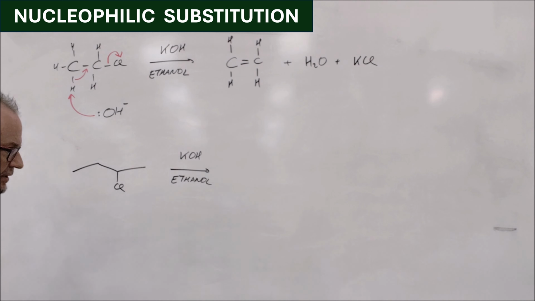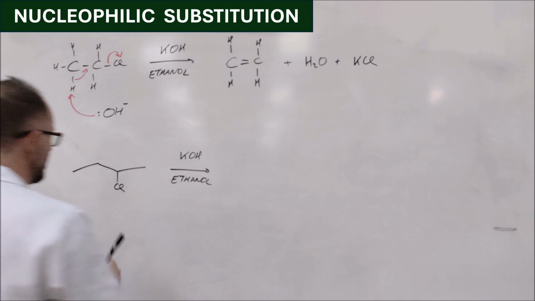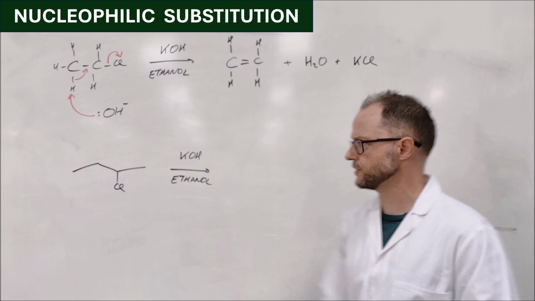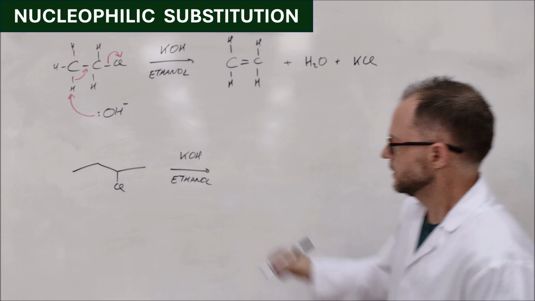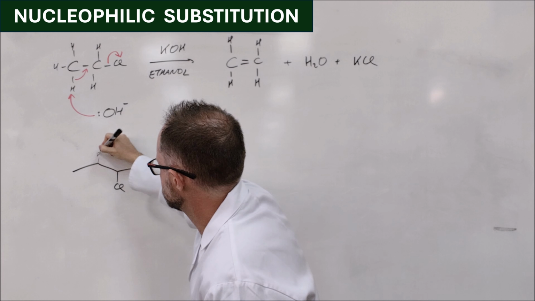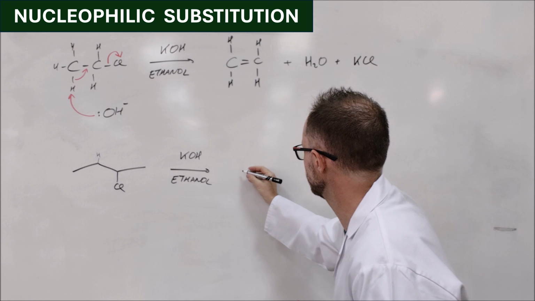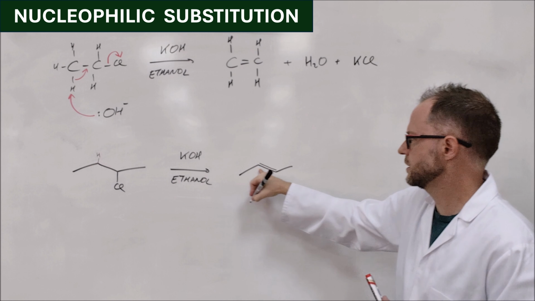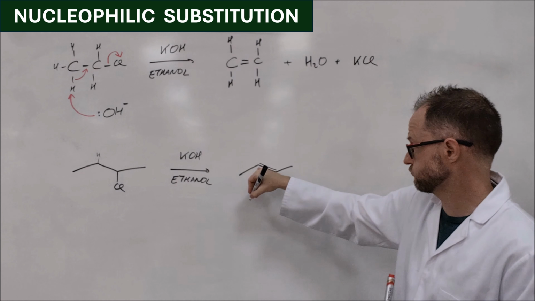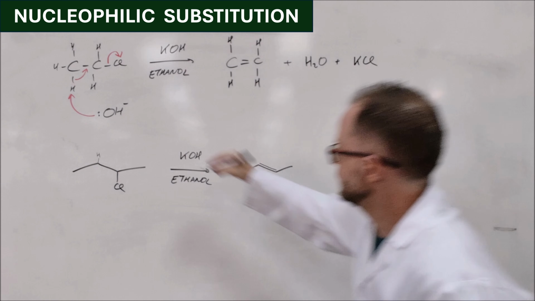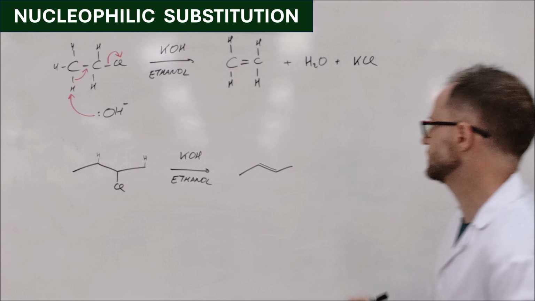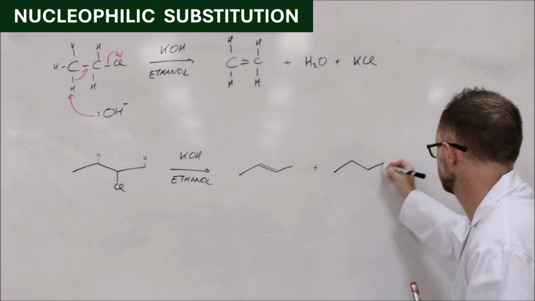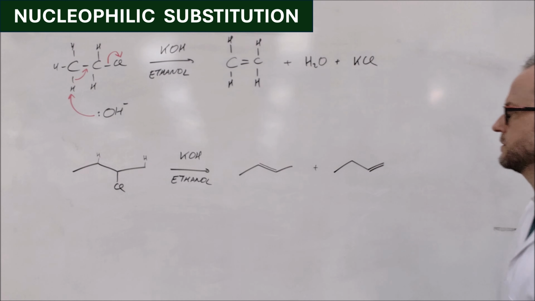That is a typical case for an elimination reaction. But it said, besides water and potassium chloride, which are the 2 main products? Well, if we have this hydrogen being removed there, then we're going to make this one with a double bond across these 2 carbons here. But if we happen to remove this hydrogen instead, then we're also going to make the structural isomer there, but-1-ene.